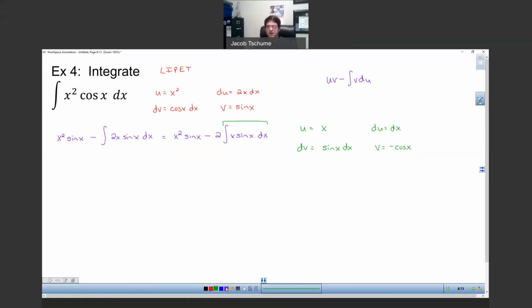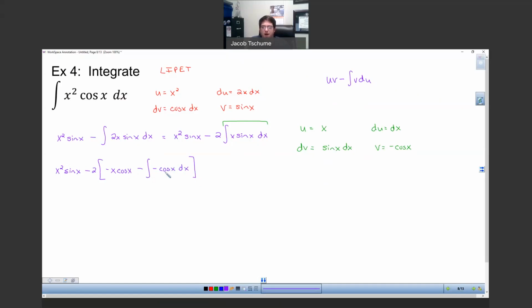Substituting those into my new integral, you will have x squared sine of x minus 2 times your second integration by parts. So u times v would be negative x cosine of x minus the integral of v du, which is negative cosine of x dx.